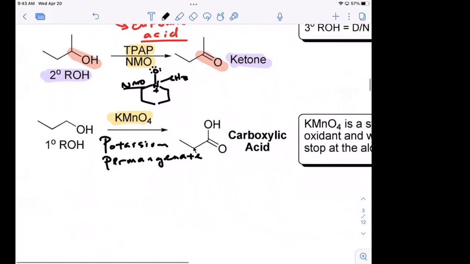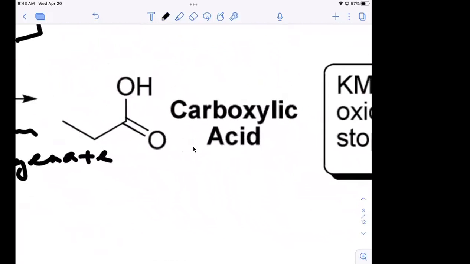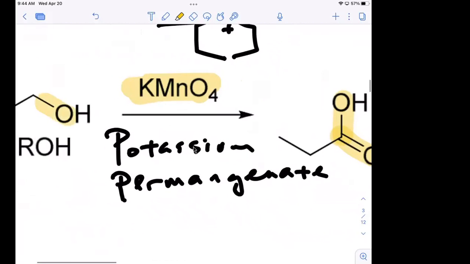This is what you call a superoxidant. So it will not stop at an aldehyde for a primary alcohol. It won't stop. It'll take that primary all the way up to the carboxylic acid, right? You can see right here, the carboxylic acid from the primary alcohol.